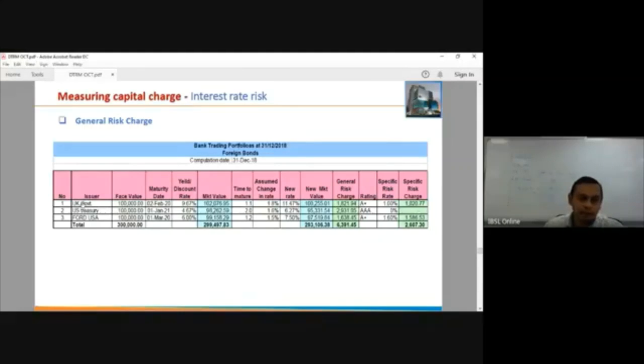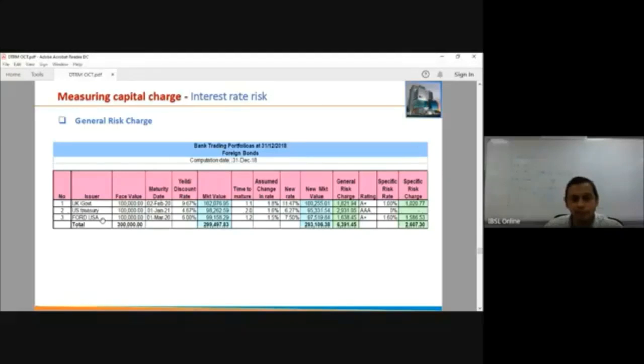Now in this example, I have given 3 types of bonds. First one is a UK government bond. Therefore, it's a bond issued by a foreign government. Right. The second one, US Treasury. Again, it's a foreign bond issued by a foreign government. Third one, Ford USA. So this is a corporate company, right?